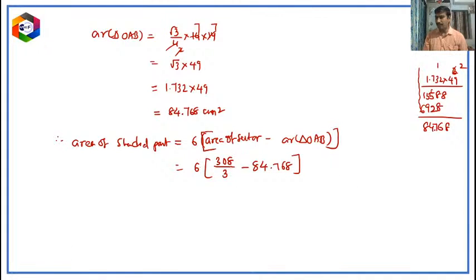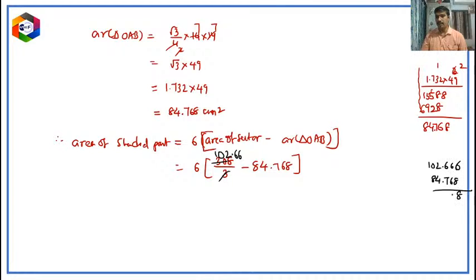This is actually division by 3, so up to 2 decimal places you will get, because it is not terminating. 3 10s are 30, 3 2s are 6, and keeping the point. So now it will be 102.66 minus 84.768, this is 666. So 16 minus 8 will be 8.